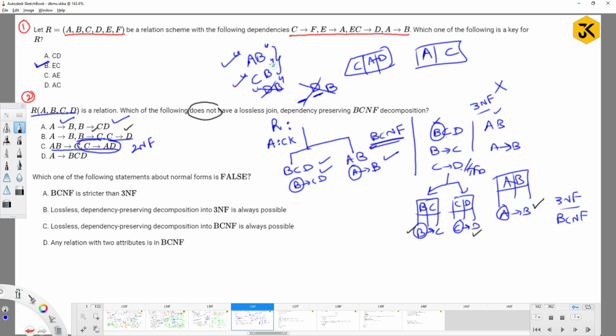Here you can check. I am trying to write the new table for C determines AD. When I am checking for C determines AD, I am going to create the new table called CAD. That is okay. So if I cancel out A, D, the remaining thing will be BC. Is it okay now? BC. So this is my new relation.